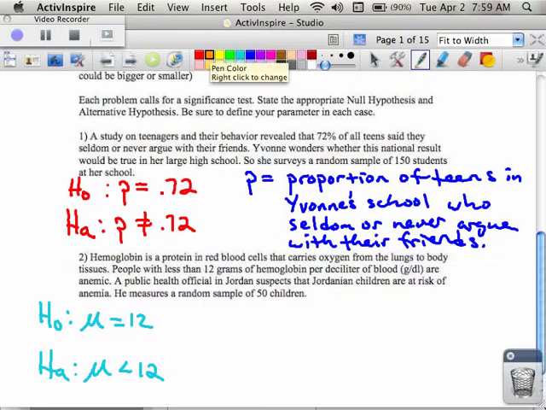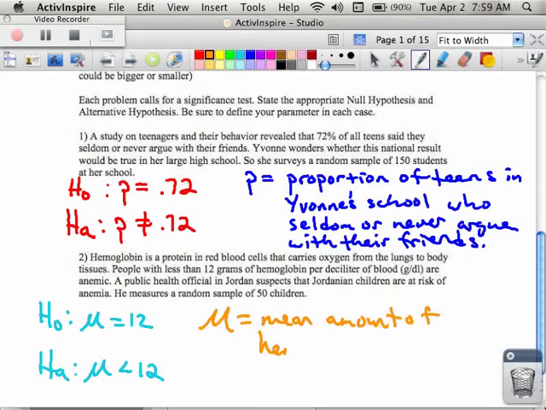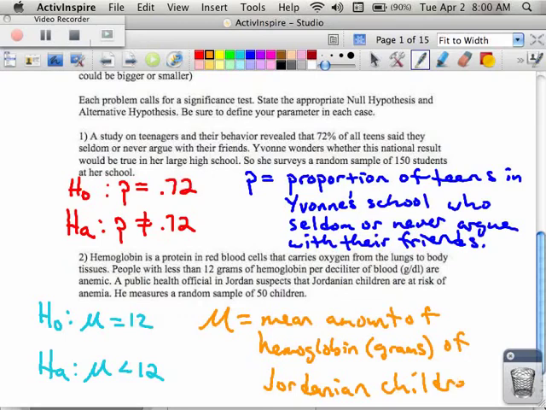And then you would state, of course, that mu is the mean amount of hemoglobin in grams of Jordanian children.